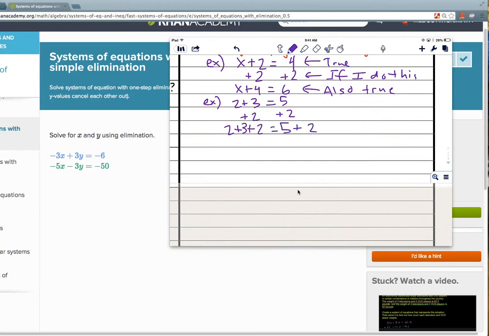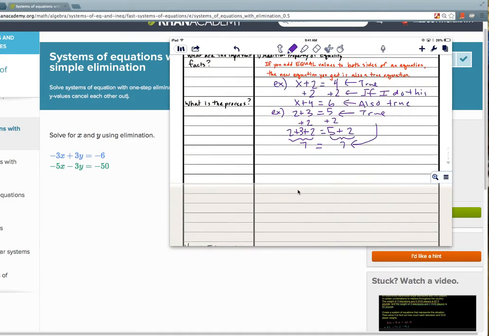And so I can check that. 2 plus 3 plus 2 equals 7. 5 plus 2 equals 7. So I started off with something that was true. I did the same addition to both sides, and so I get a result that's true. The addition property of equality extends so that you can subtract the same thing from both sides of an equation. And so we're going to use that fact.